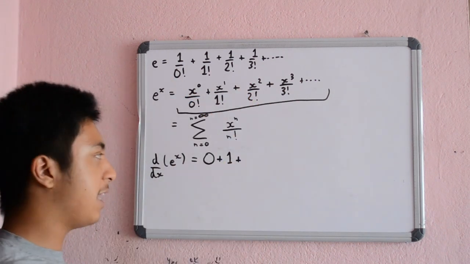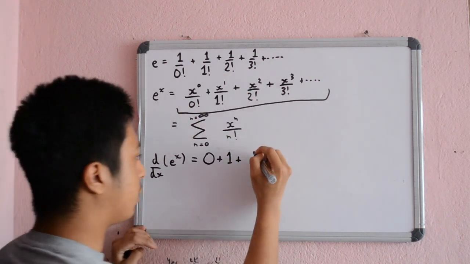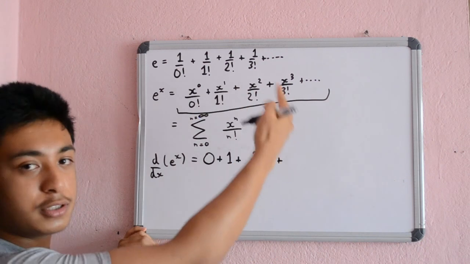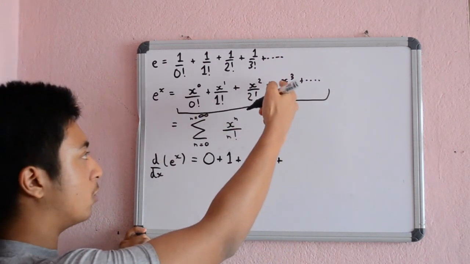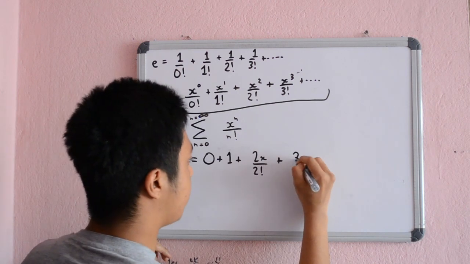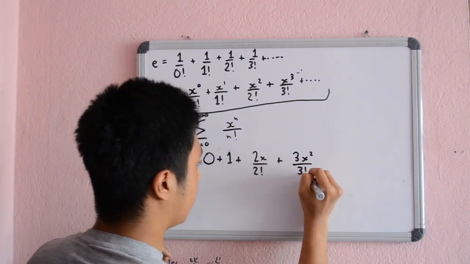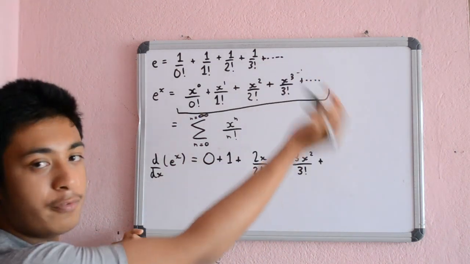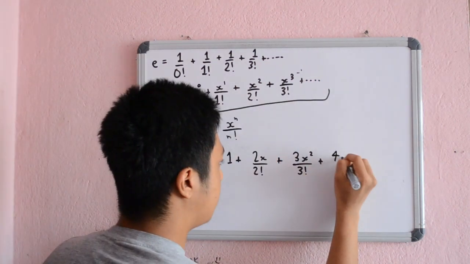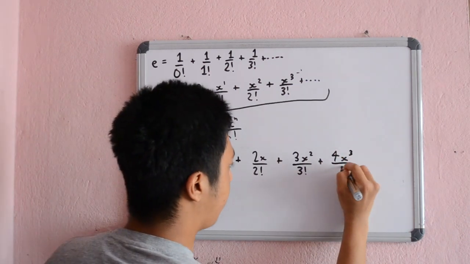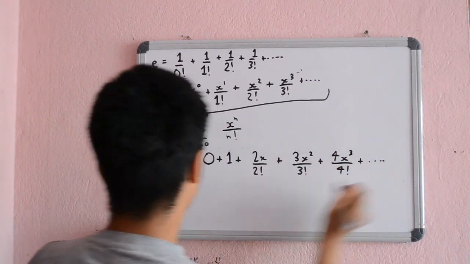If you differentiate that, you'll get 2x by 2 factorial. And here x cubed is the same thing. The 3 goes down and this number reduces by 1, so you'll get 3x squared by 3 factorial. And again, for the next term, it will be x to the power 4 by 4 factorial. The 4 will come in front and the power will reduce by 1, which is x cubed by 4 factorial, and so on.